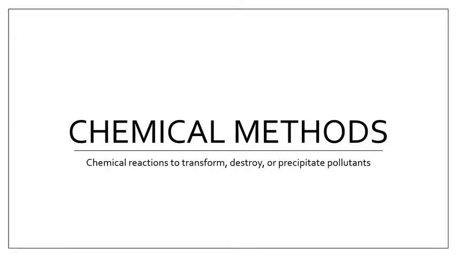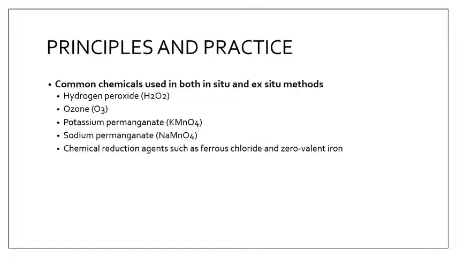Now let's talk about the chemical methods. Now there are some guidelines in the use of chemical methods. All right, so first are the common chemicals used in both in situ and ex situ chemical methods. You have your hydrogen peroxide, your ozone, your potassium permanganate, your sodium permanganate, and other reducing agents such as ferrous chloride and zero valent iron.